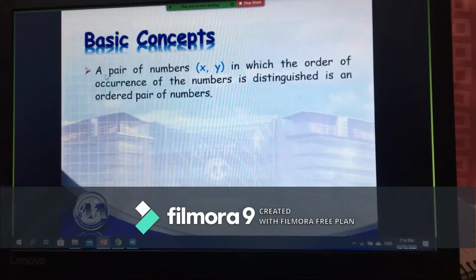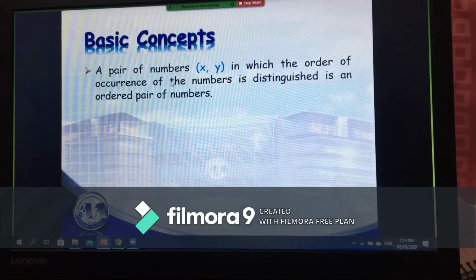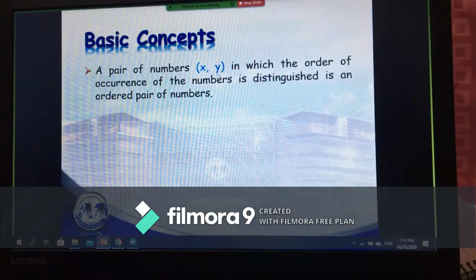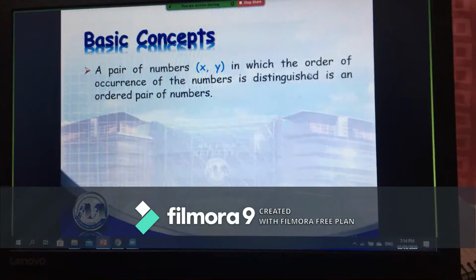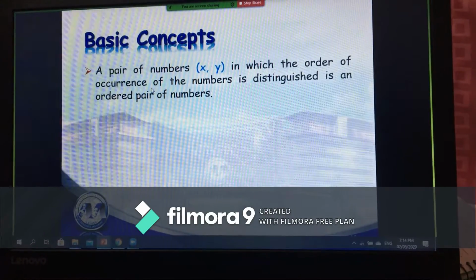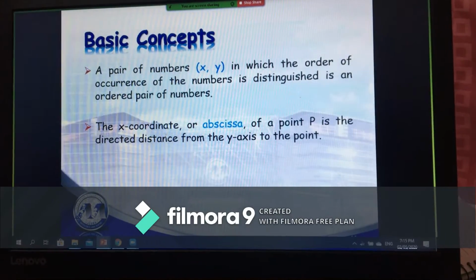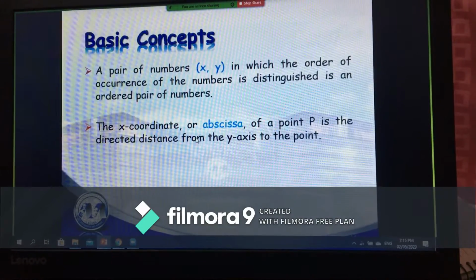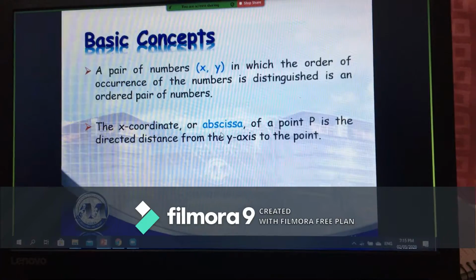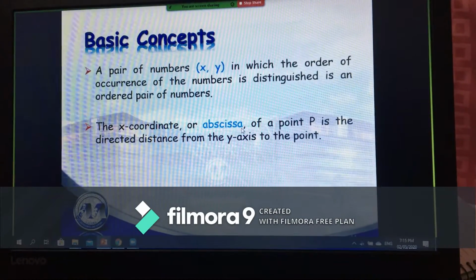It says that a pair of numbers x and y in which the order of occurrence of numbers is distinguished is an ordered pair of numbers. So the x coordinate, ang x coordinate class, tinatawag siya na abscissa.